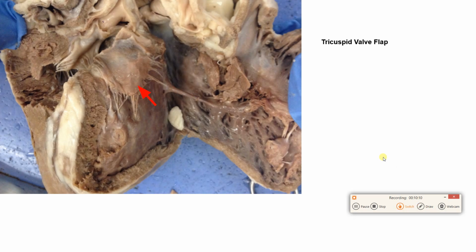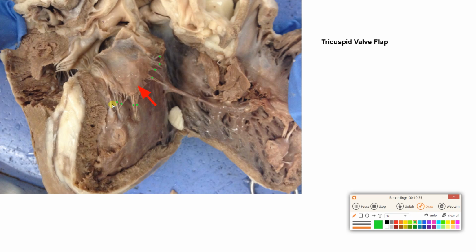Okay, cool. So this is a tricuspid valve flap. I know I'm on the right for the reasons I just gave you. I can see these little guys. Look at the little strings. These strings, as we'll point out in a second, are called chordae tendineae. You knew that. And chordae tendineae are attached to the atrioventricular valves.